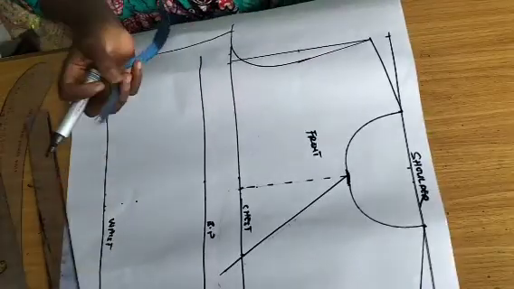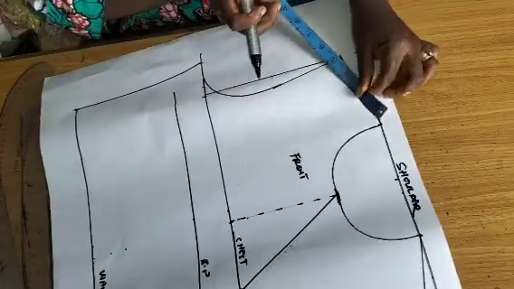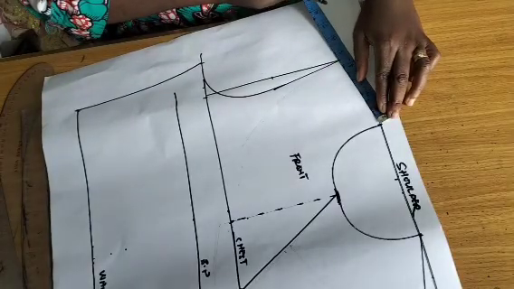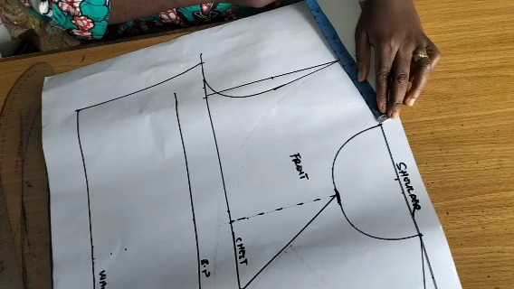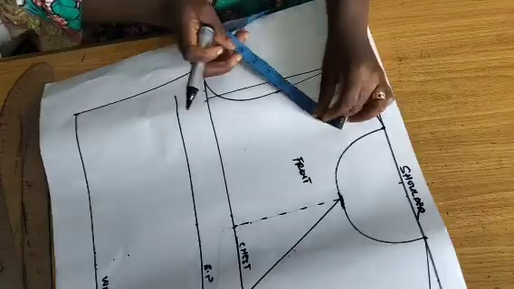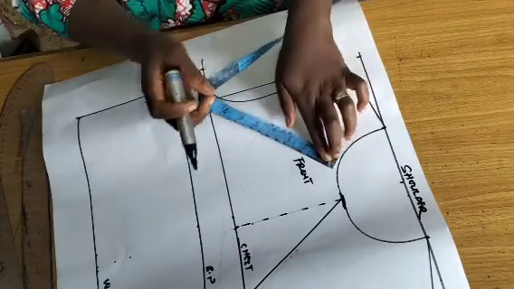Now it's time for us to start creating the cape we have on the left side. If you notice, the cape on the left side is different from what we have on the right hand side. From this point I have 4.5, and I'll be marking out my 4.5 at intervals.